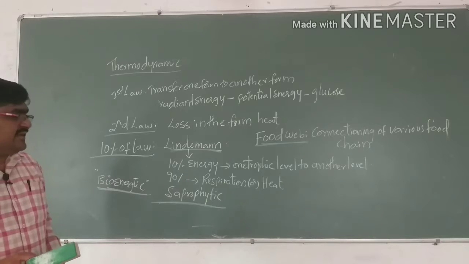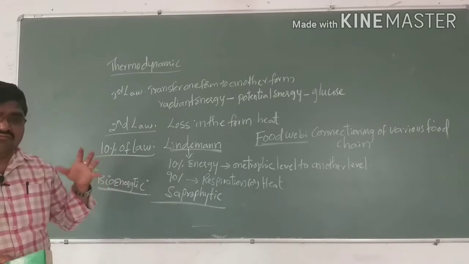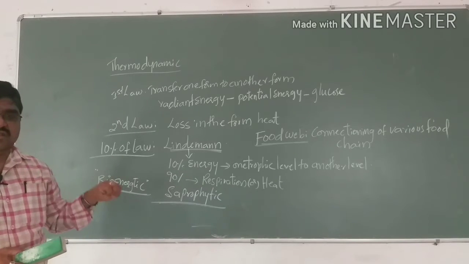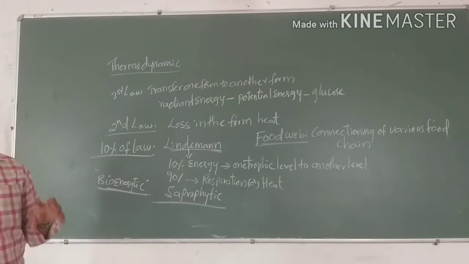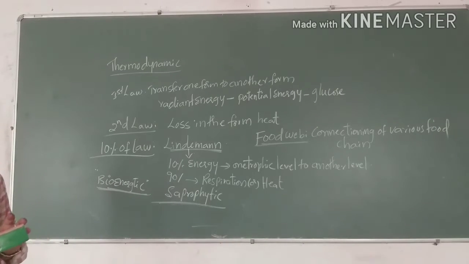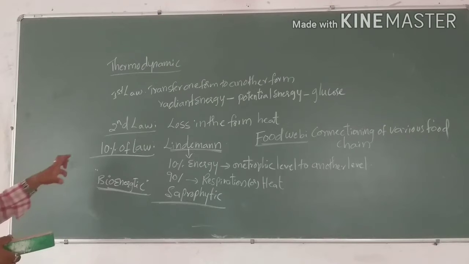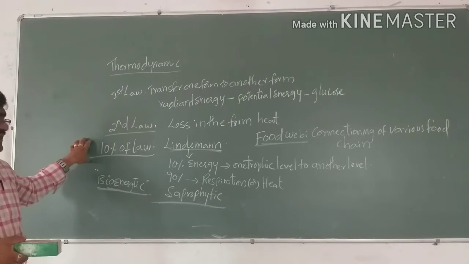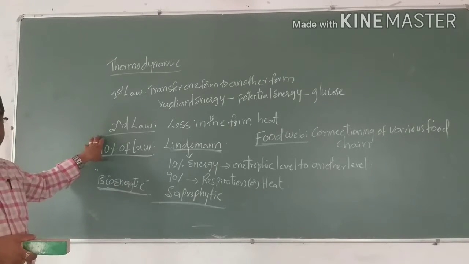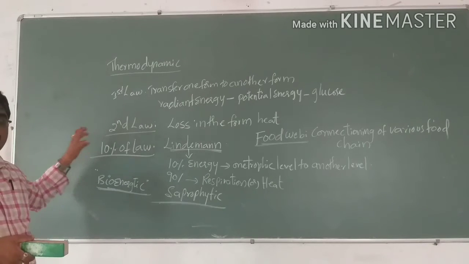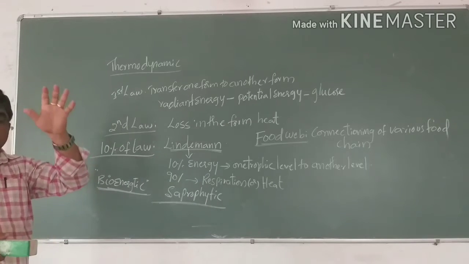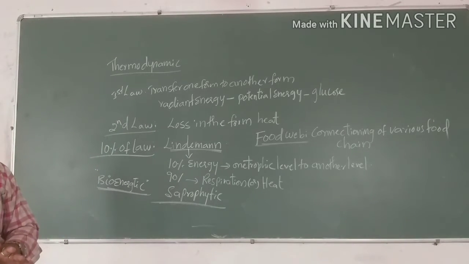We can take an example of a grazing food chain as well as the detritus food chain, showing how energy is lost in the form of the 10% law, from the producer level to the tertiary consumers.